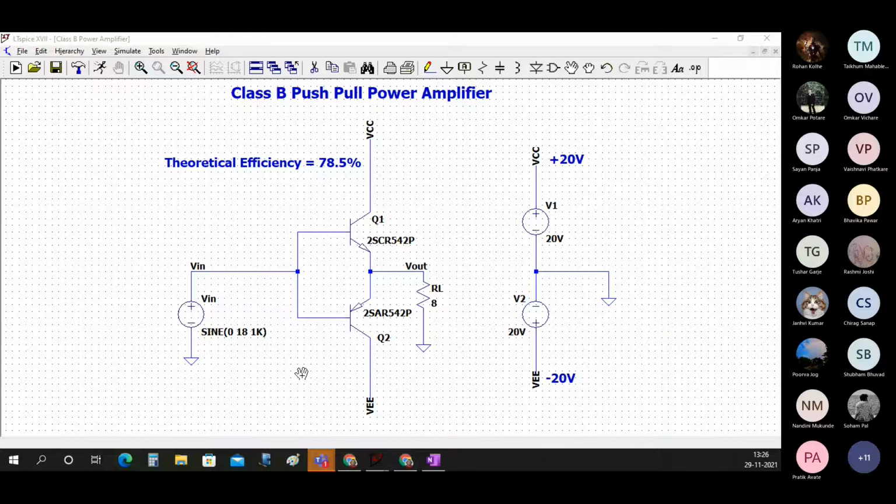So upper one is NPN, lower one should be PNP. Yes, everybody should post their circuits. Everybody should do this.